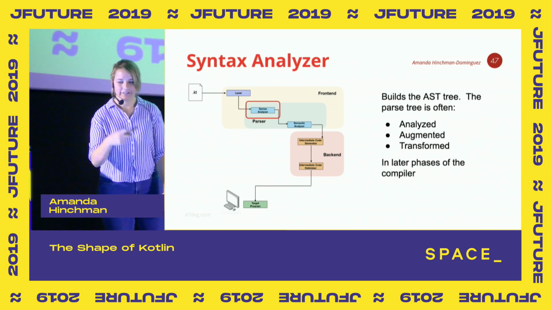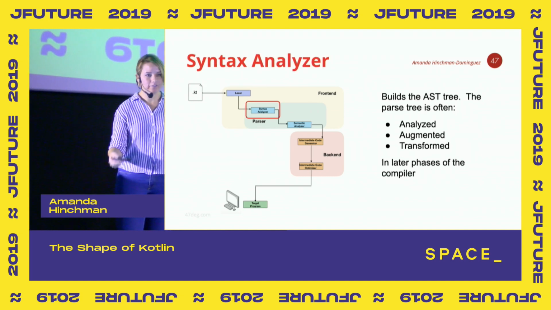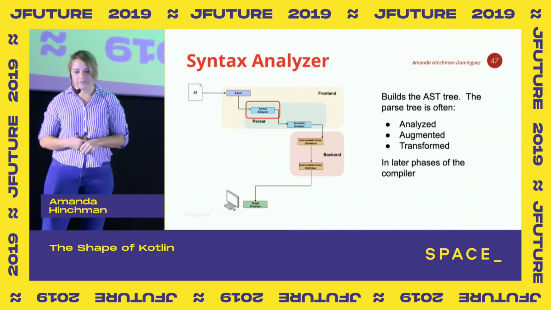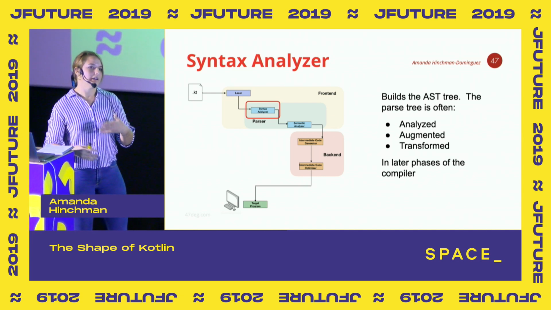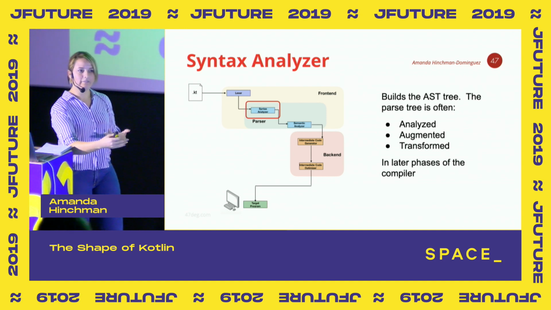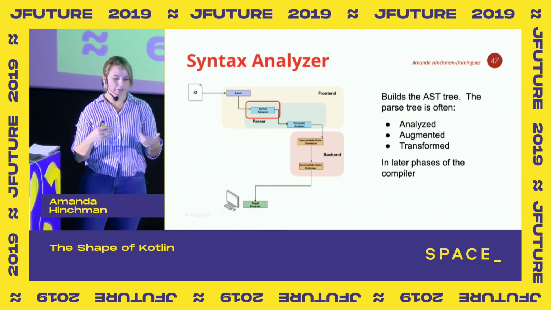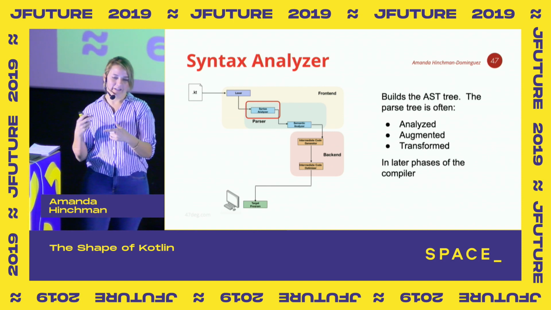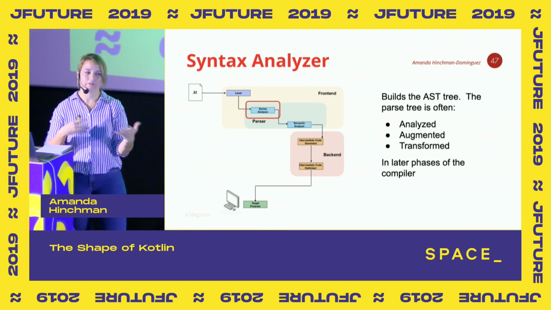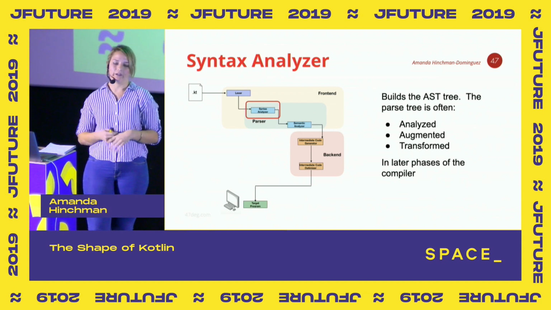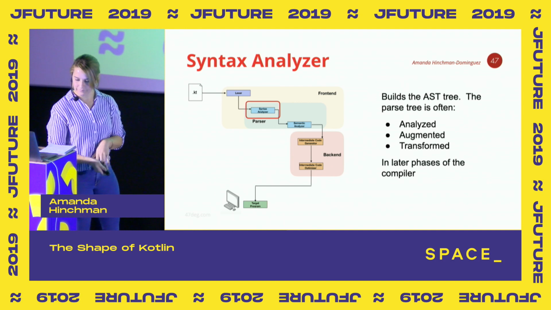Now that we've generated these tokens, we go to the syntax analyzer, which builds the AST tree. Once that AST tree is built, it has several jobs later on in the compiler. After this particular phase, we're going to have to analyze it, augment it with additional information, and then transform some of that in the resolution phase.